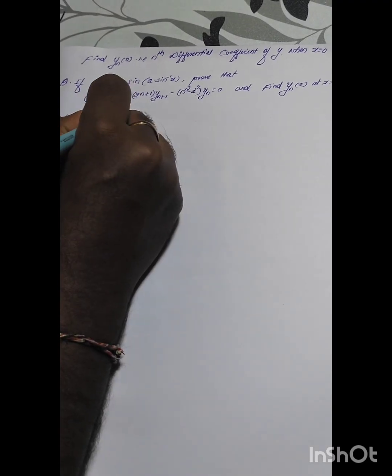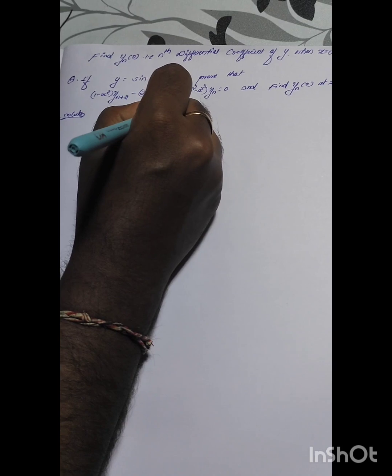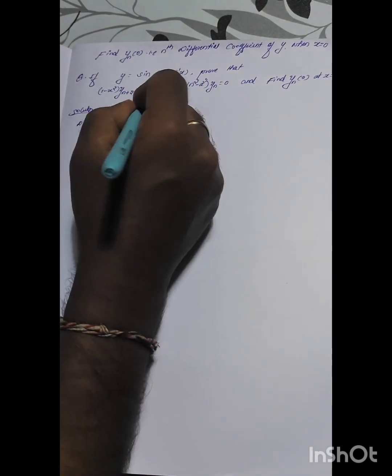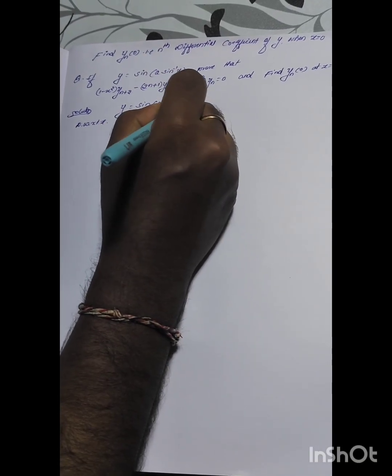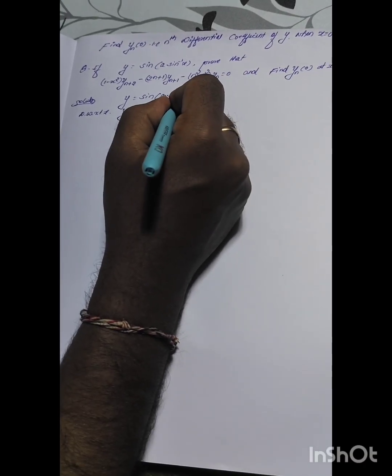So y is equal to sine of a into sine inverse x. Differentiating y with respect to x, the first order derivative y1 will be cos of a into sine inverse x, and we have to take the derivative of sine inverse x also.